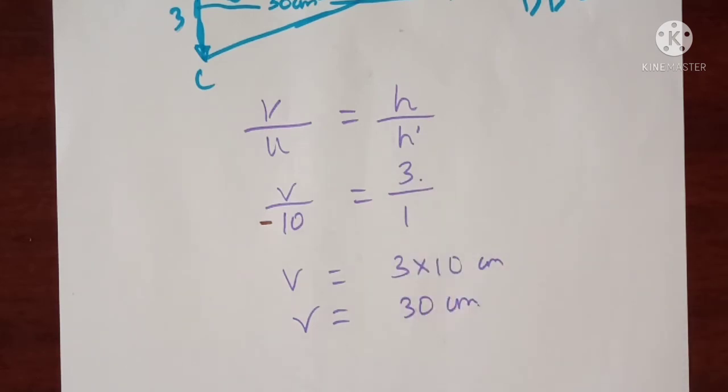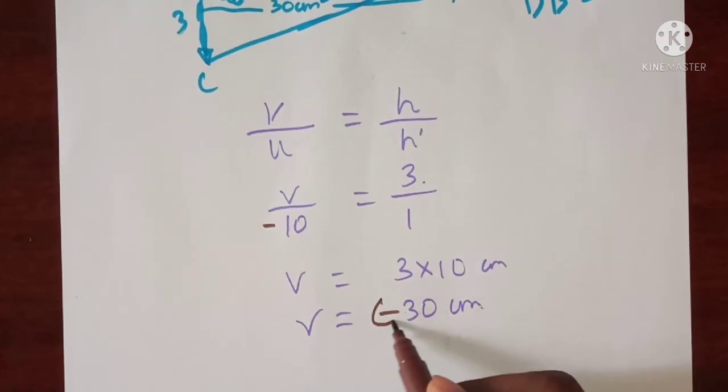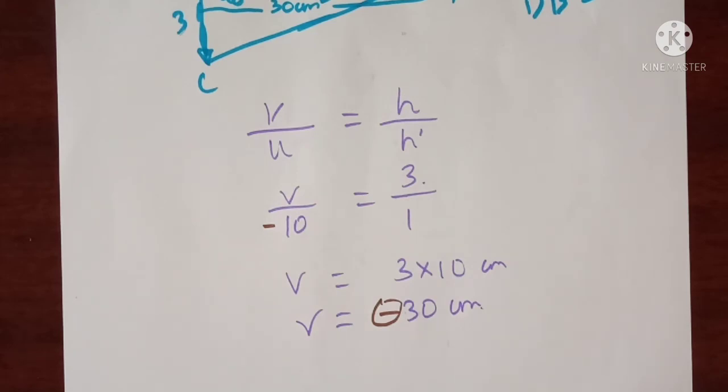Sorry, so it will become minus 30 over here, because this minus sign signifies that the image is formed on the left side of the mirror. So where is the image located? It is located minus 30 centimeter, that is, we should not say minus 30 centimeter, we should say 30 centimeter to the left side of the mirror, and we should not tell the distance in minus. Okay, so friends, the answer for this is minus 30 centimeter.